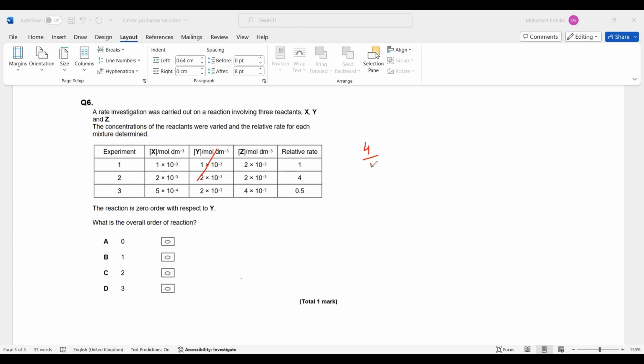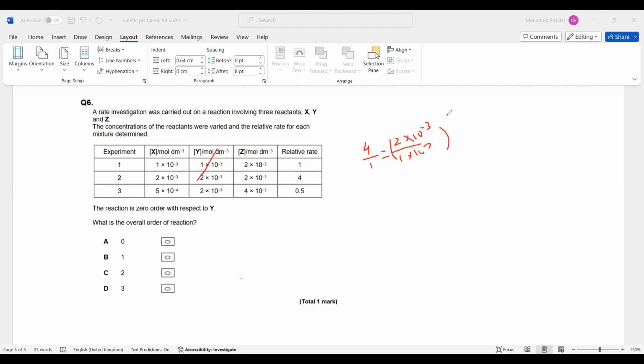So 4 divided by 1 equals 2 here, 2 minus 3, and here 1 minus 3.